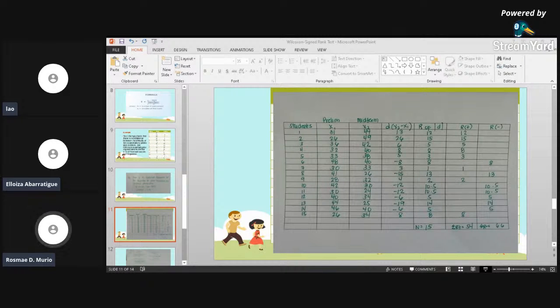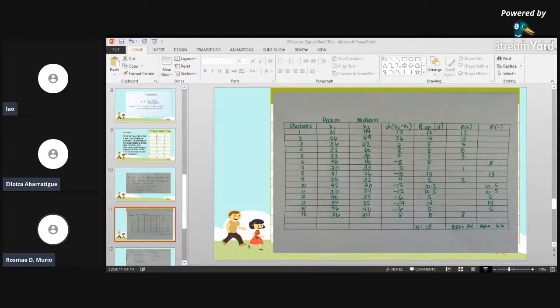So from the prelim po, we can see that this is our X sub 1 and from the midterm po, this is our X sub 2. So from the X sub 1, ito po yung mga score ng 15 students and midterm, so X sub 2, ito rin po yung mga result ng 15 students.